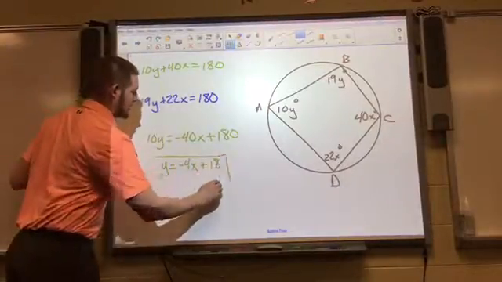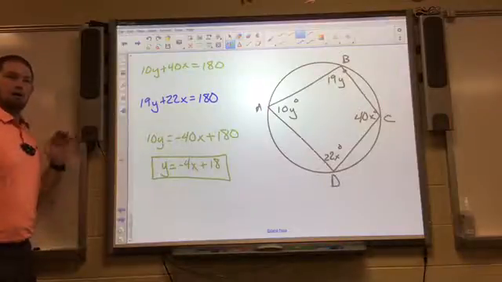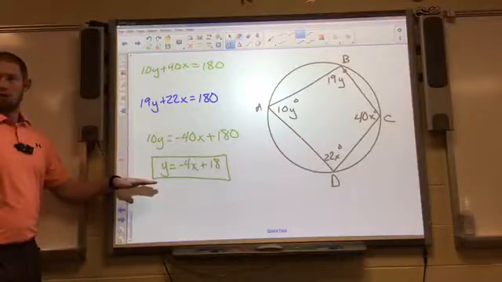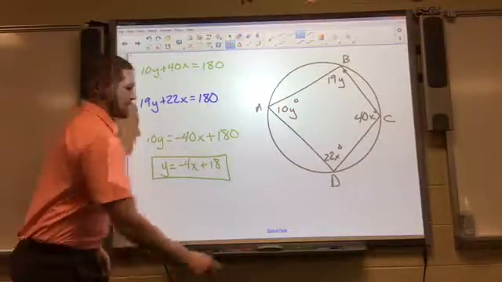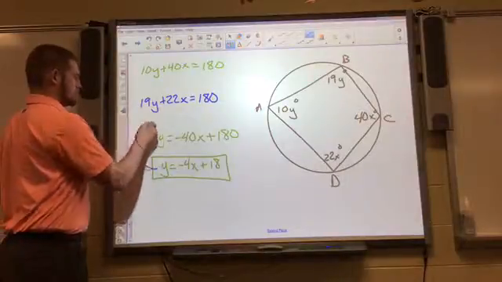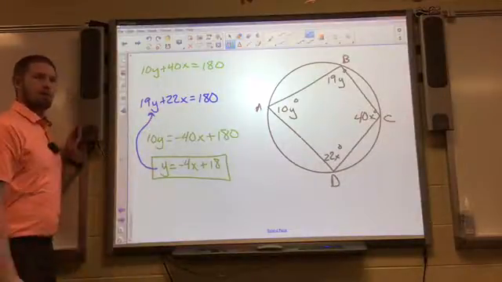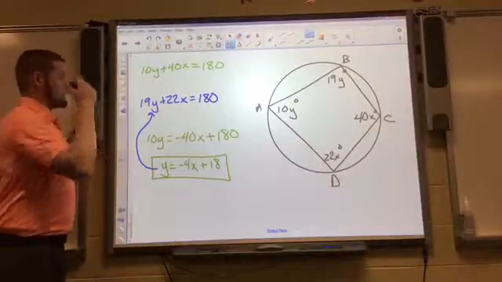Now, I have solved for a variable, right? It's not an actual number like what we're looking for in the end, but I do have y by itself. So now that I have y by itself, I can plug that in for y, couldn't I? Because that's what y equals. So let's do that now.